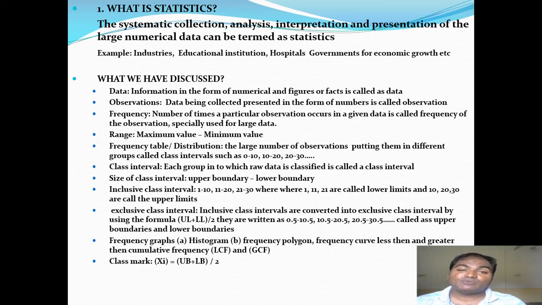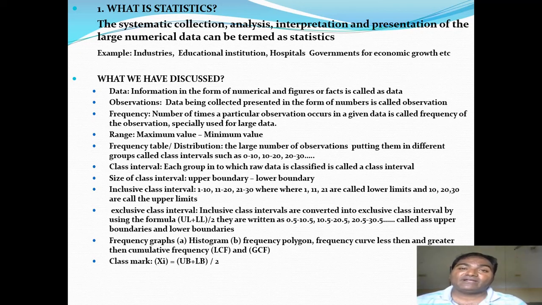A frequency distribution table presents the data collected in an observational process in a neat way, arranging it in a tabular column using class intervals and frequencies. To prepare the frequency distribution table, we use class intervals. Class intervals are where we have an upper boundary and a lower boundary.